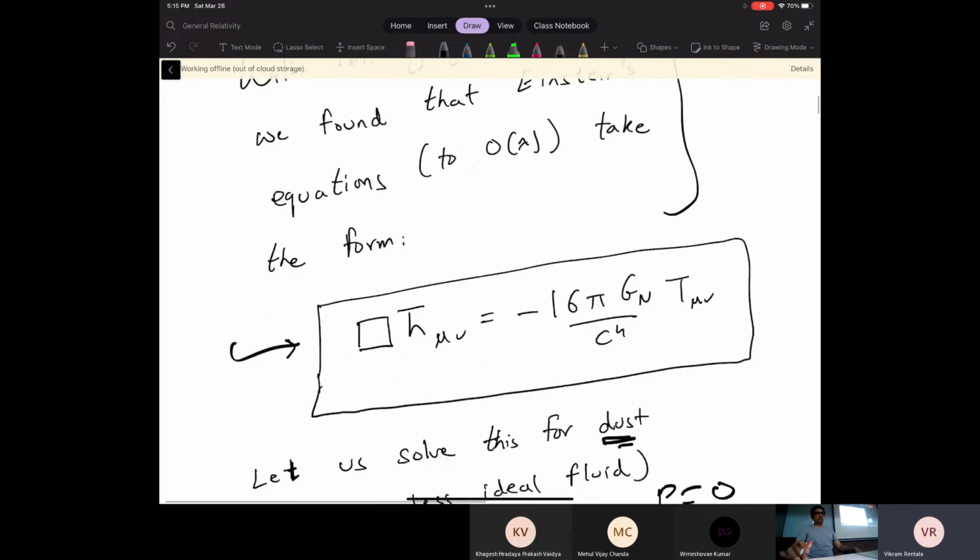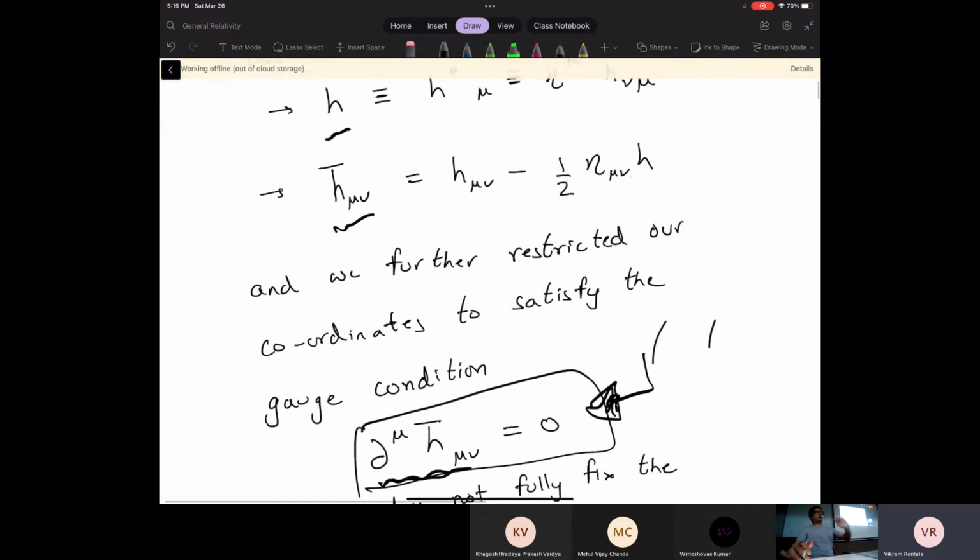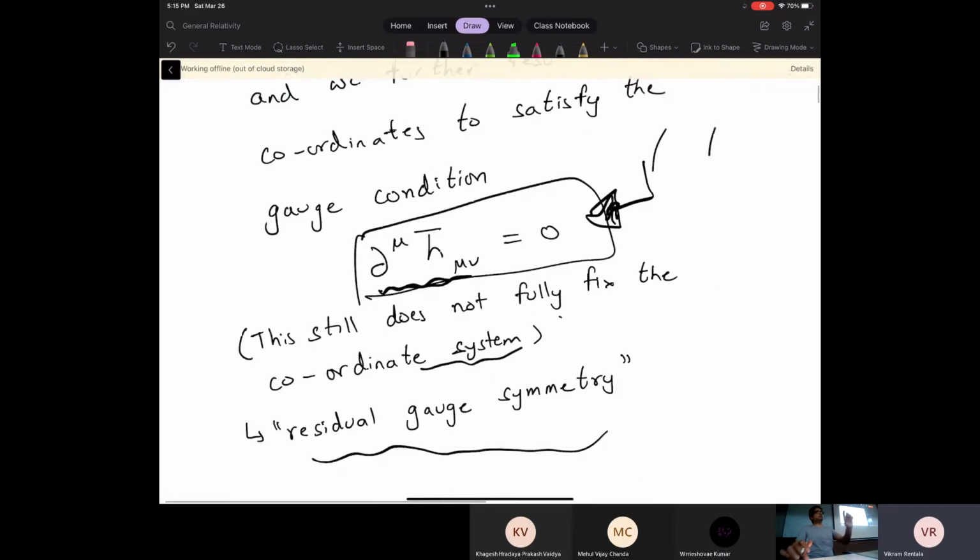But the other thing that we know about this transformation is that even though it's a large coordinate transformation, it preserves eta mu nu. So the form of the perturbation is still preserved, right? Because it preserves eta mu nu, it doesn't affect the eta mu nu part at all. It just changes h mu nu components among themselves. So in that sense, it's still small in that it doesn't affect eta.